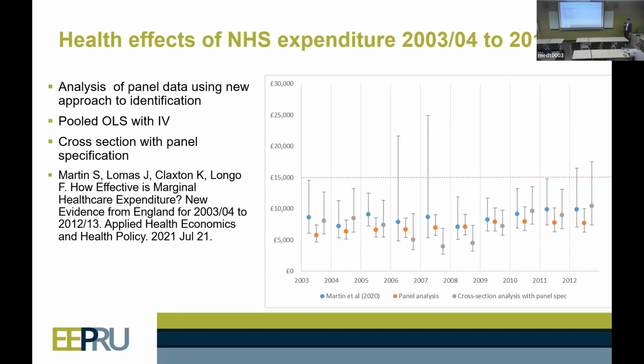And you can see that the orange dot is surrounded by much narrower confidence intervals, and that's absolutely to be expected because we've pooled 10 years of data, 10 times as many observations now in our regression. But the point estimate is more or less unchanged. So this analysis is, again, another story of confirming original results.